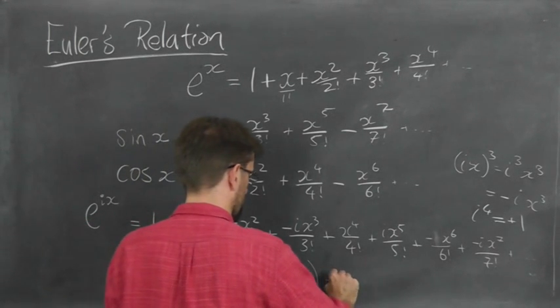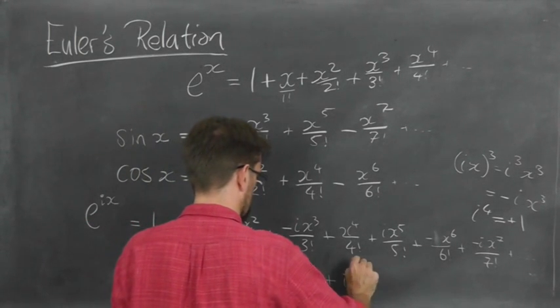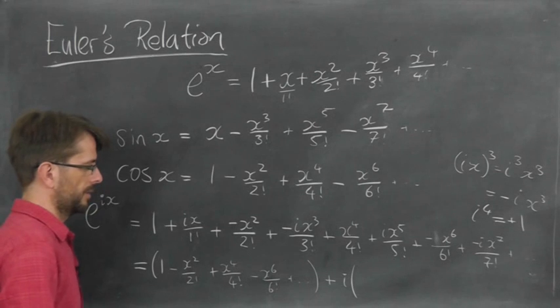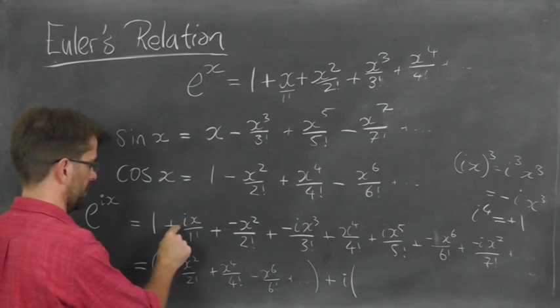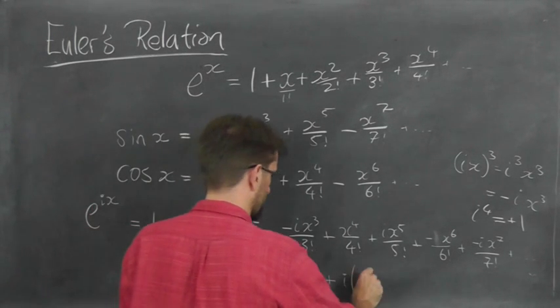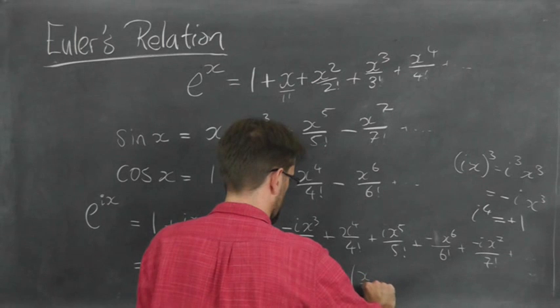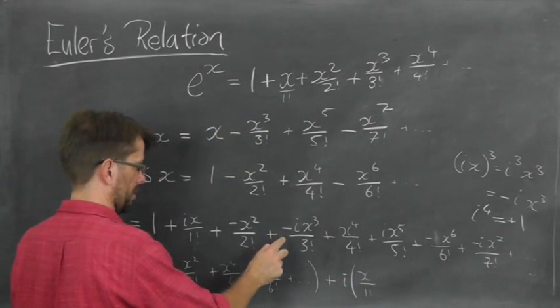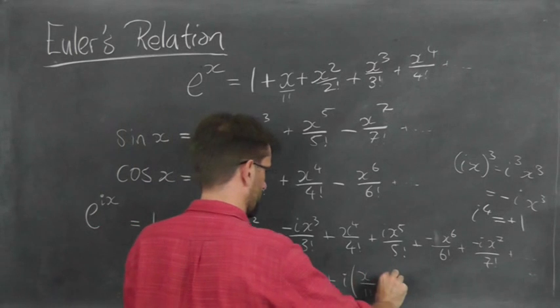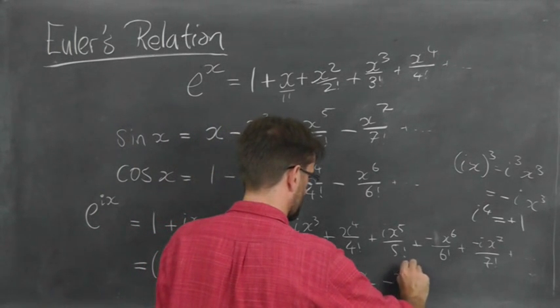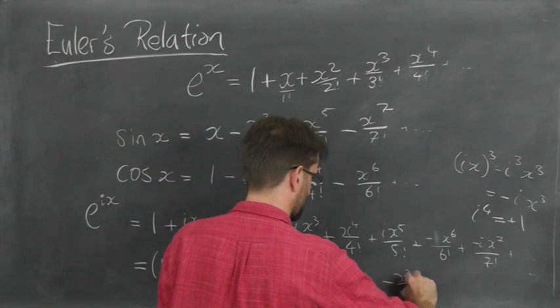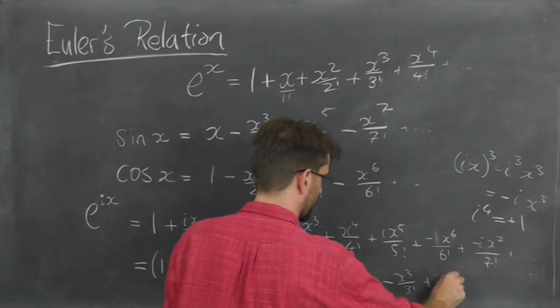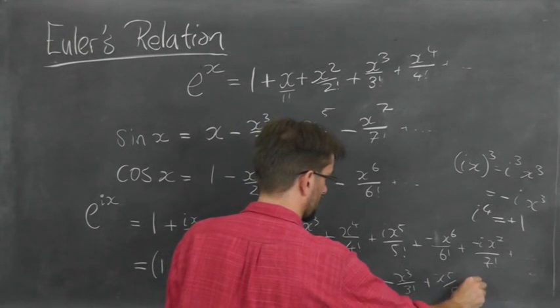And then the imaginary terms, we can take out the factor of i. So we get i times x over 1 factorial, so that's just x over 1 factorial, or just x if you prefer, minus x cubed over 3 factorial, plus x to the 5 over 5 factorial, and so on.